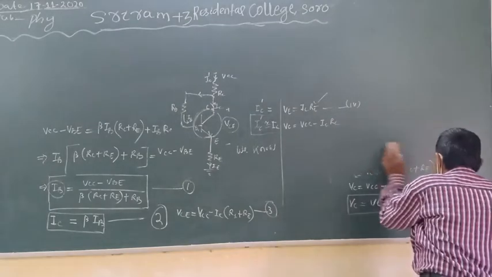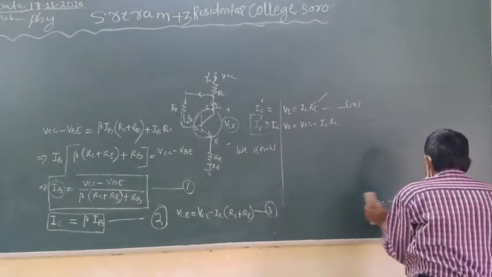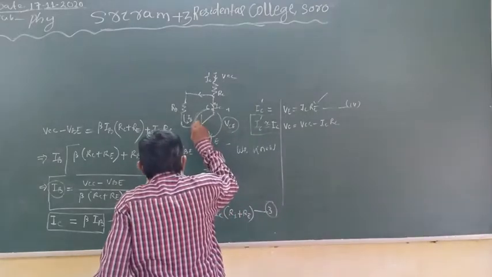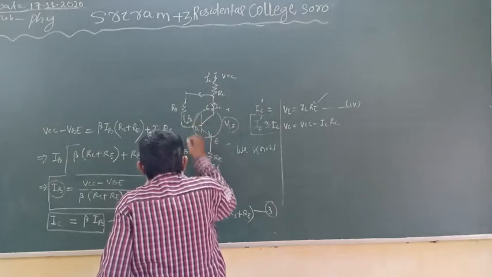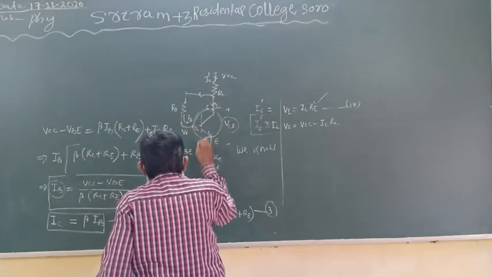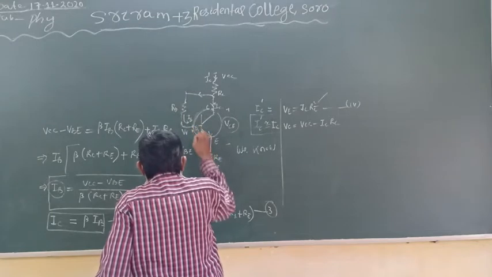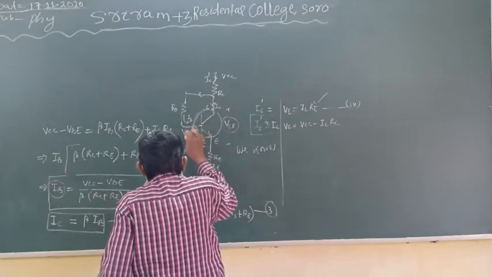Now we calculate the next voltage, at point B, the base point, that is the voltage VB. Now in this circuit, the base emitter voltage VBE has plus and minus terminals.